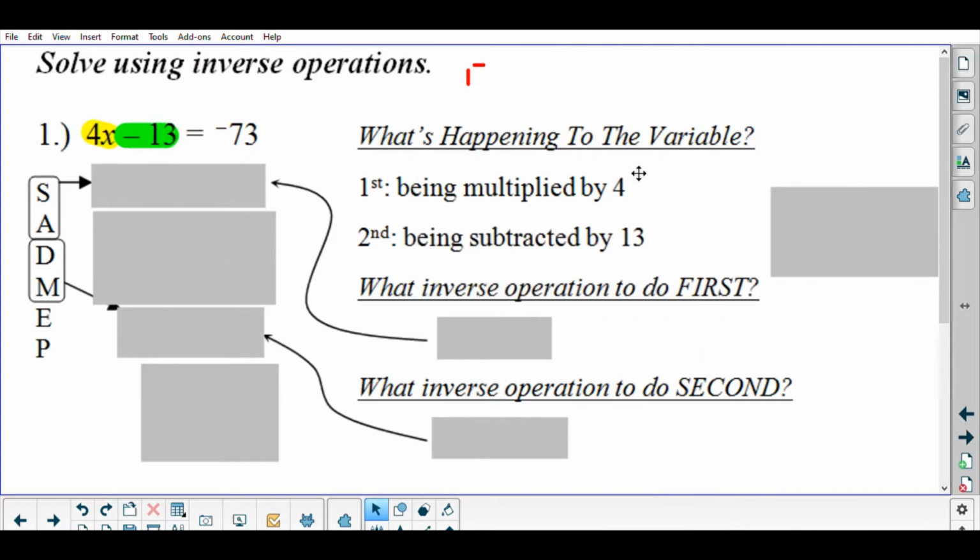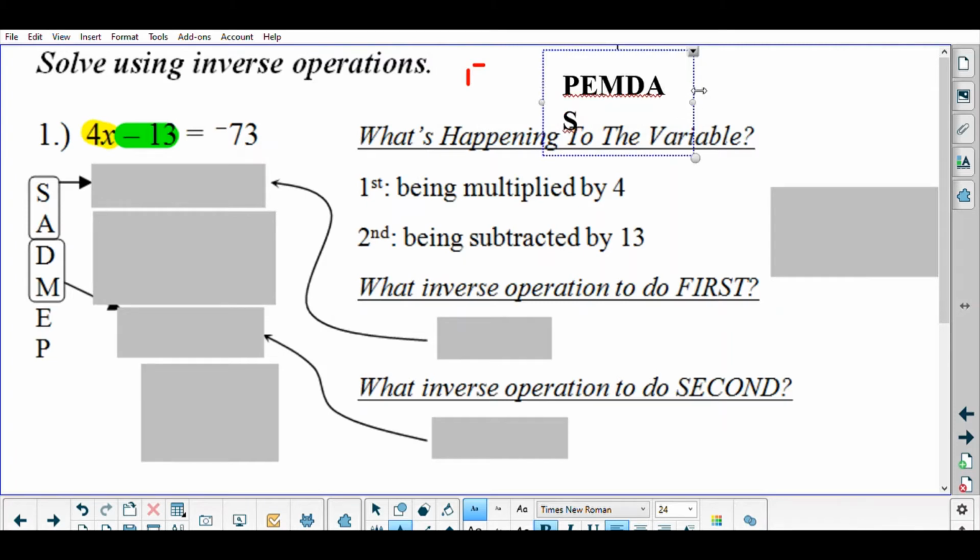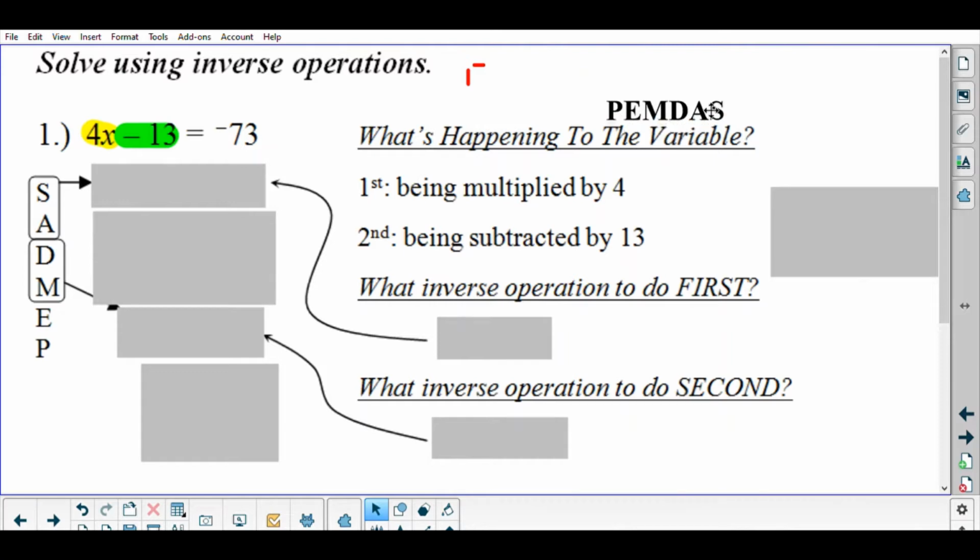And ladies and gentlemen, when you answer what's happening to the variable, you are following your traditional order of operations, which is PEMDAS. That's how you answer what's happening to the variable. But the inverse operations are going to be done in the inverse order. And I've talked to you guys about this before in the previous lesson.